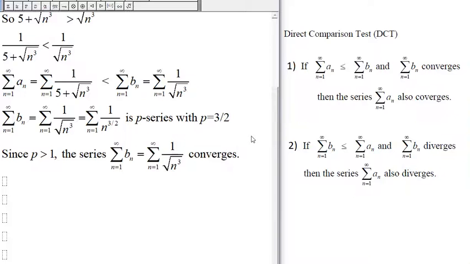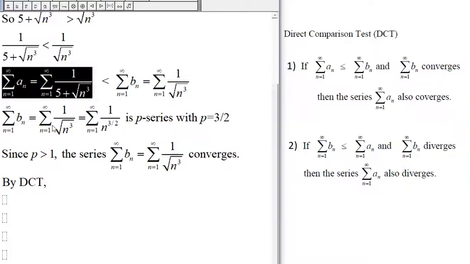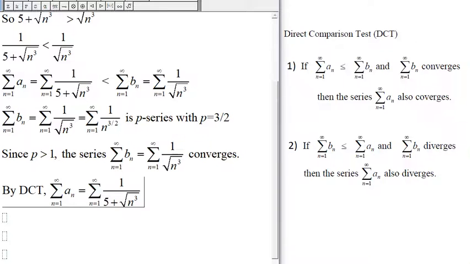And we also have shown that the series B sub n converges to some real number. And now we can say that by the direct comparison test, this series right here also converges.